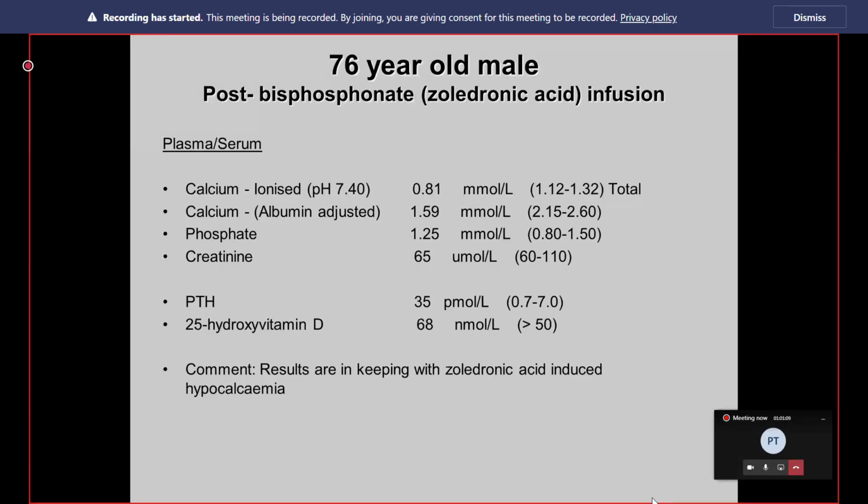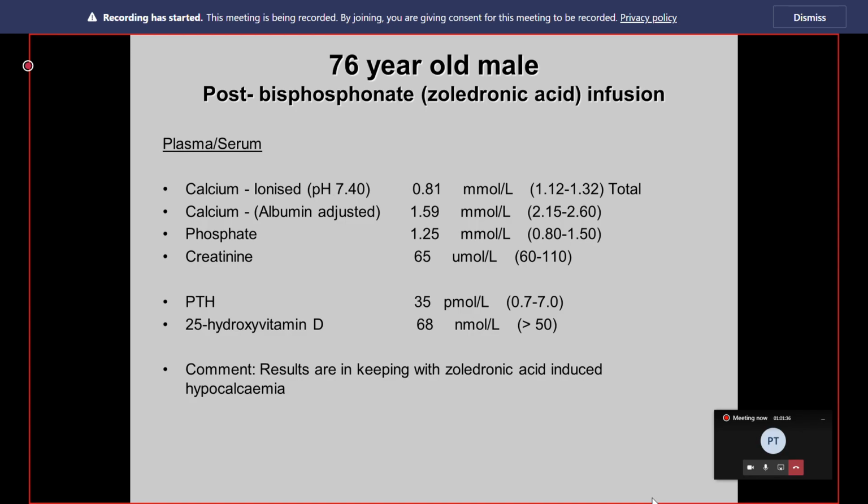In this case, as it occasionally happens, this patient developed severe hypocalcemia following zoledronic acid infusion. We can't always predict who will get that, but sometimes they become symptomatically hypocalcemic. And of course, they develop secondary hyperparathyroidism. And in this case, the vitamin D was normal, and despite that, this patient developed hypocalcemia.